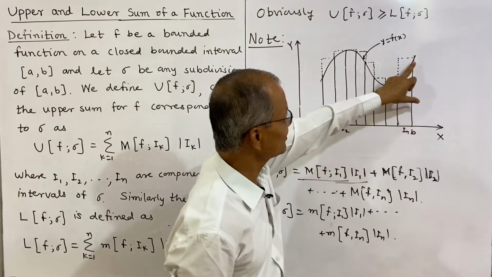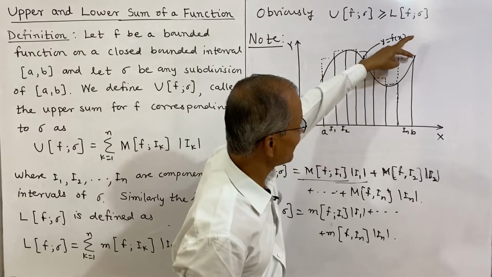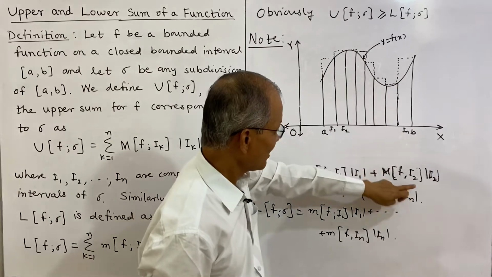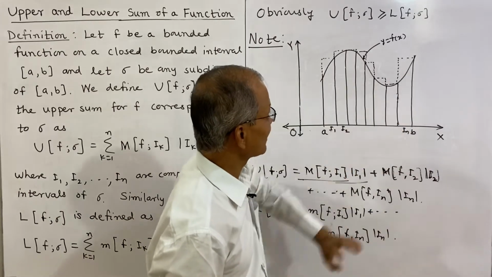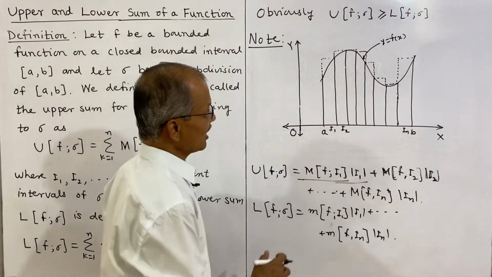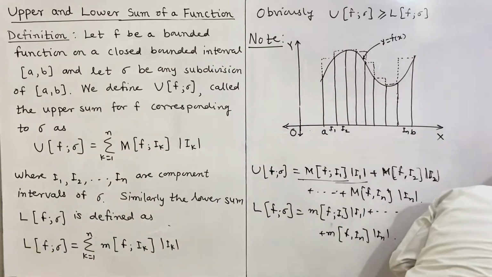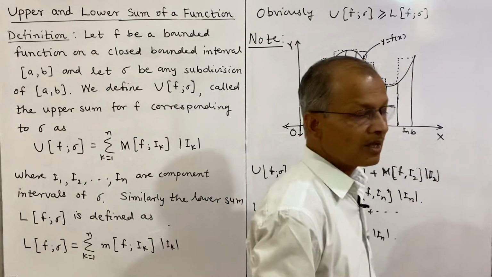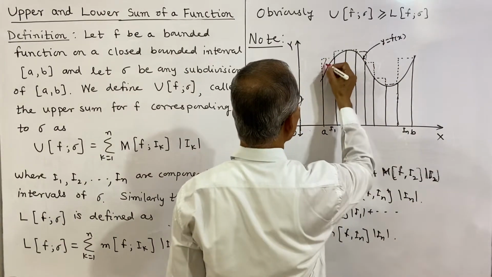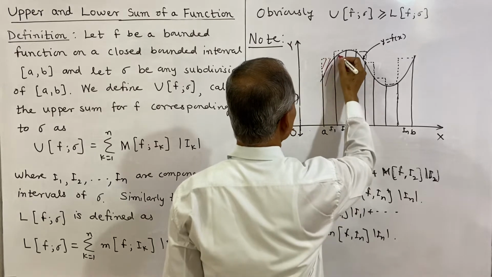The function is maximum at b, so we take the maximum value in the whole interval and multiply it by the length of IN. That is the last rectangle, and thus this represents the upper sum. The area covered by these rectangles will be the upper sum.